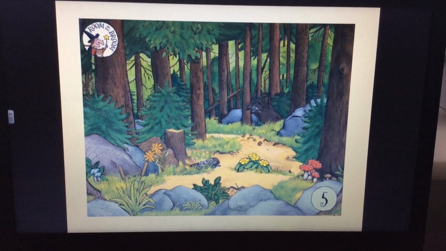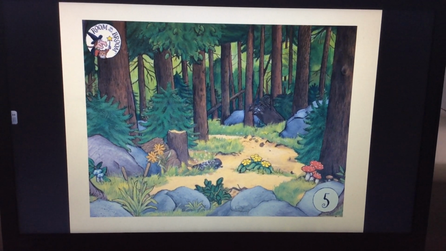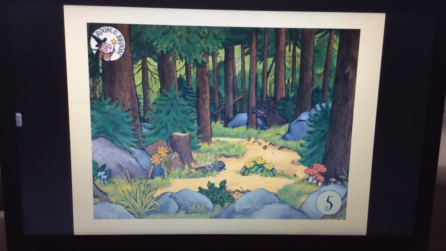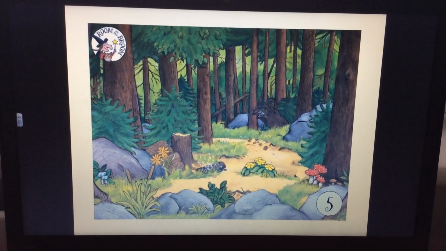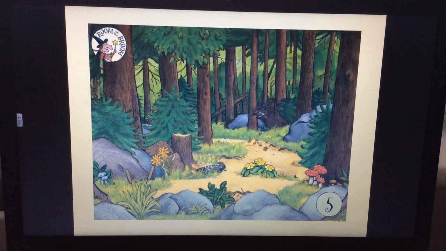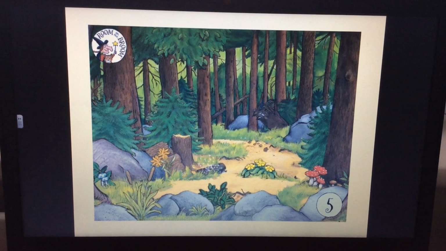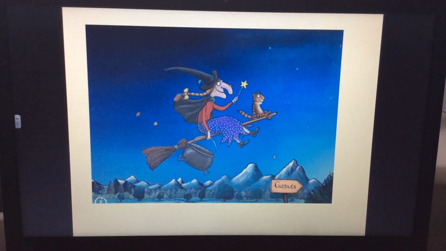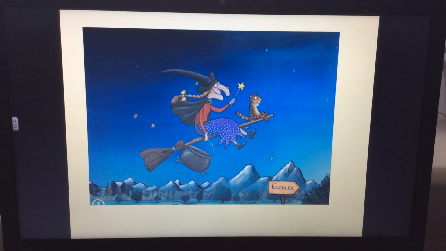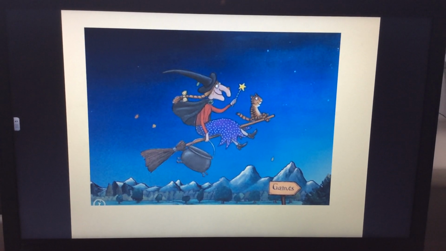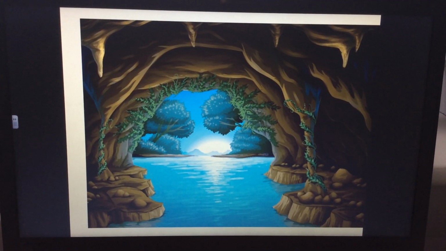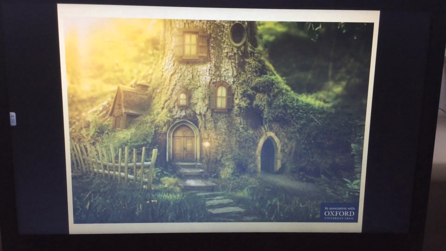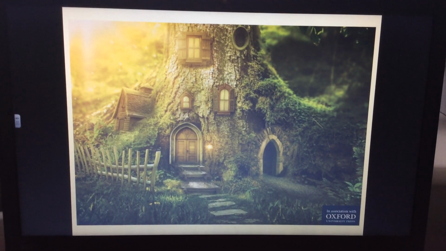You might want a setting that's in the woods. Is your animal going to appear from behind a tree or behind a stone, or even from a little cluster of mushrooms or flowers? You have a little think. You could have the setting of the mountains. You could have the setting of in a cave. You could have the setting of a tree.